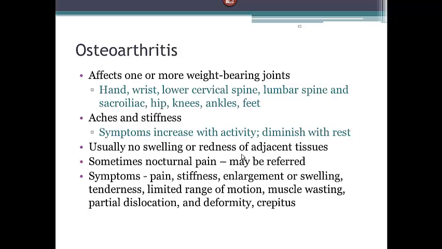Proliferation of the cartilage, bone, ligaments, and tendons could produce osteophytes. In addition, patients could have acute severe synovitis. The most common joints are the carpometacarpal joints, the intervertebral disc, hip, knee, the PIPs, which are the proximal interphalangeals, and the DIPs, which are the distal interphalangeals, less common.